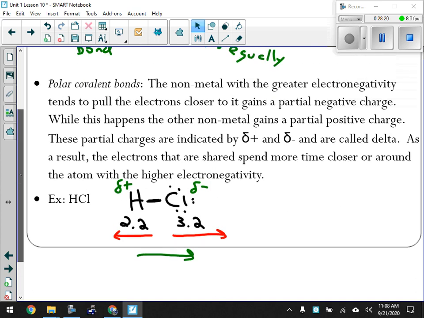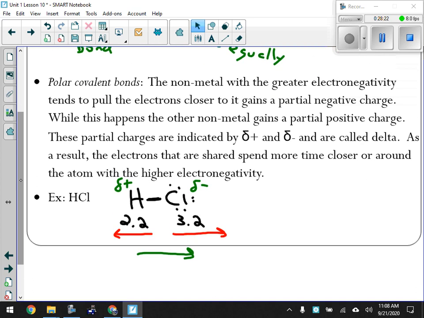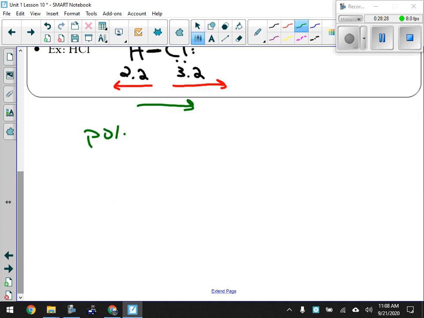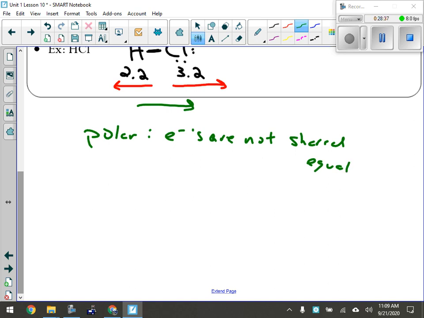That's another example. So polar basically means this. Let's write this down. Polar: electrons are not shared equally. Polar basically means not sharing electrons equally.